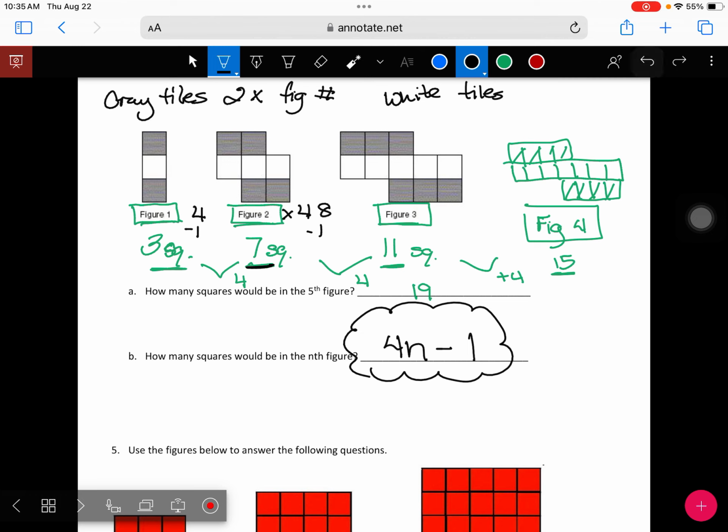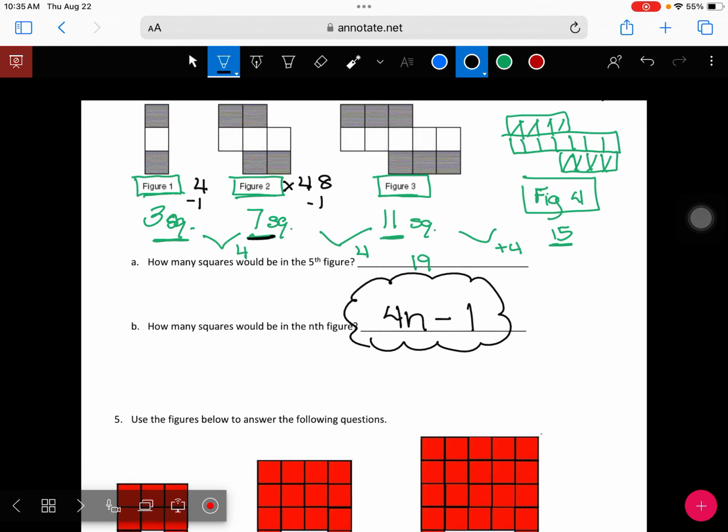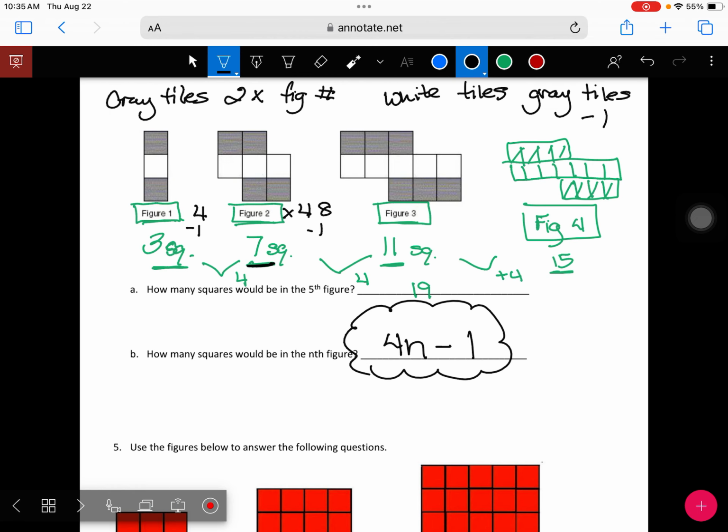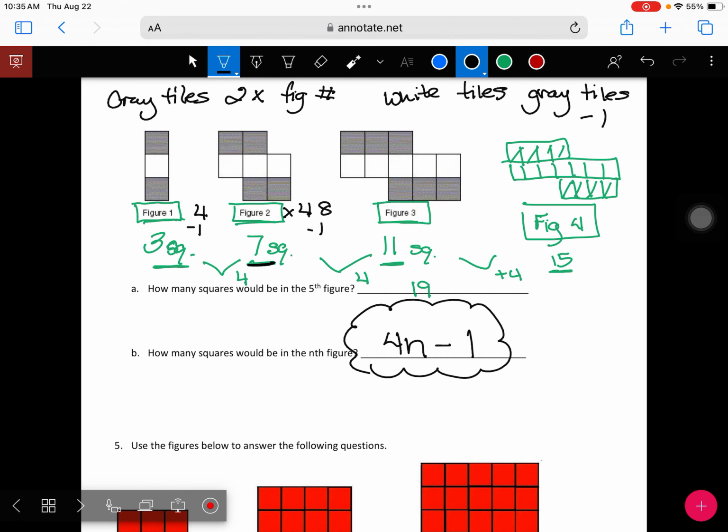I should say gray tiles minus 1. So they found it that way. So if I find my gray tiles, 2 times n, my white tiles would be 2 times n minus 1. Add those together, 4n minus 1.